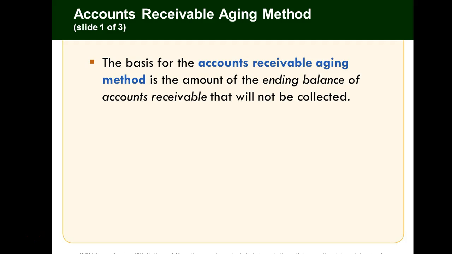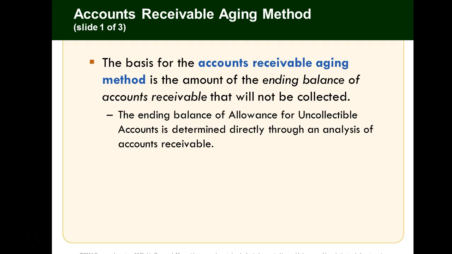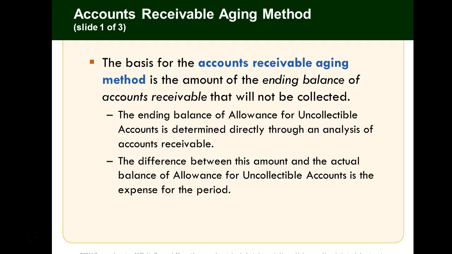The basis for the aging receivable method is the amount of the ending balance of accounts receivable that we know is not going to get collected. The ending balance of allowance for uncollectible accounts is determined directly through an analysis of our accounts receivable.